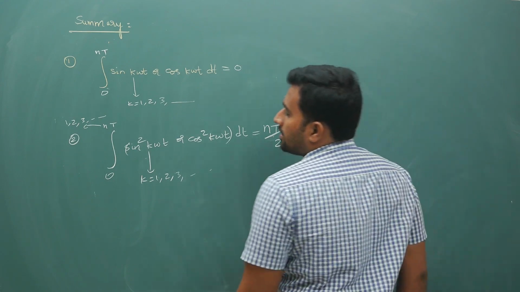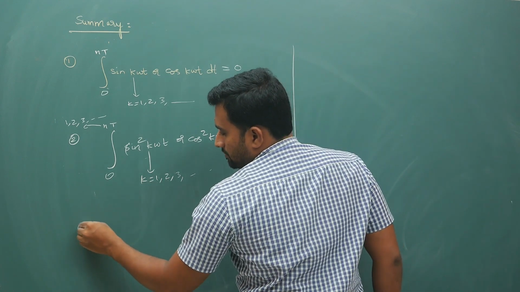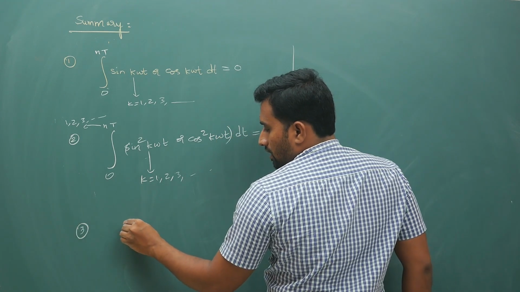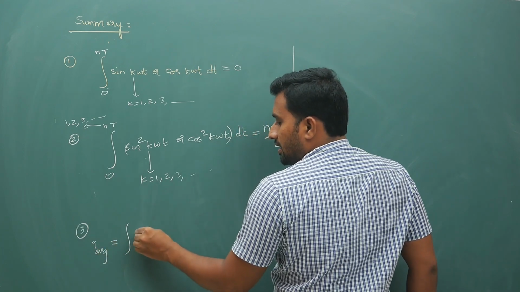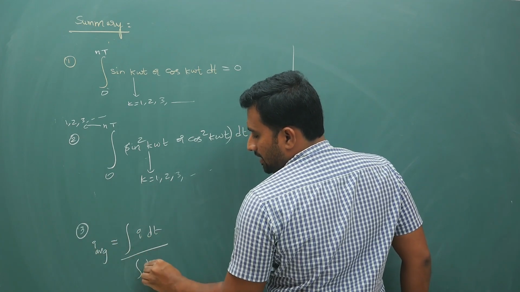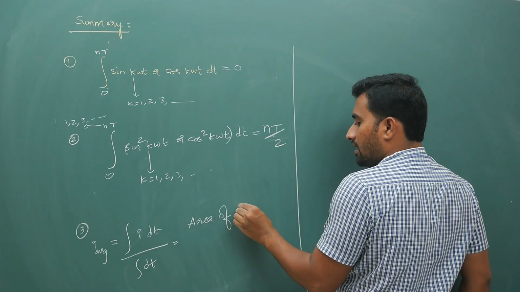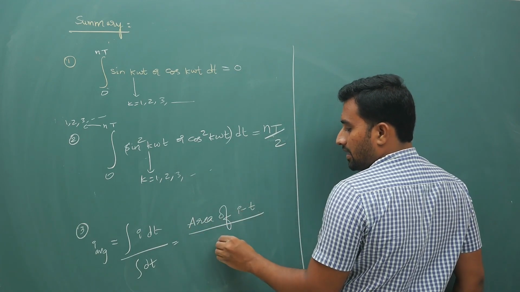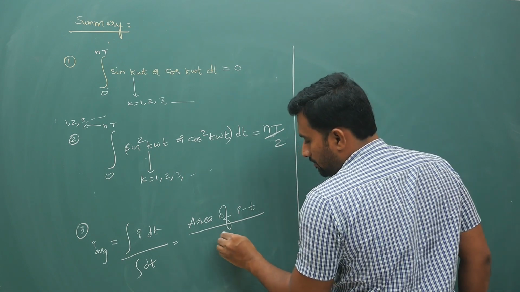Next, if you are asked for average values, I average is the integral of I dt by the integral of dt. This is the area of the I versus t graph for that particular interval, by time.